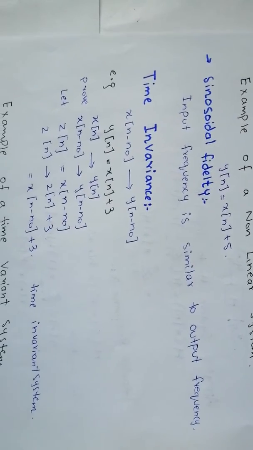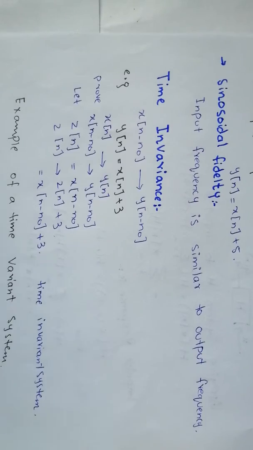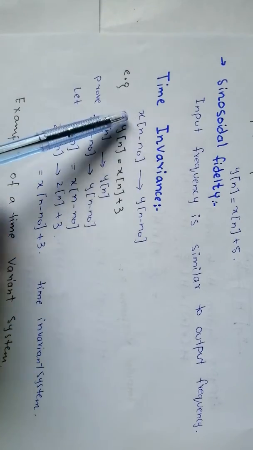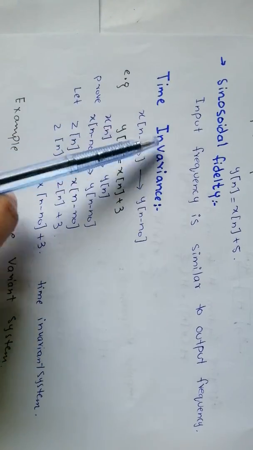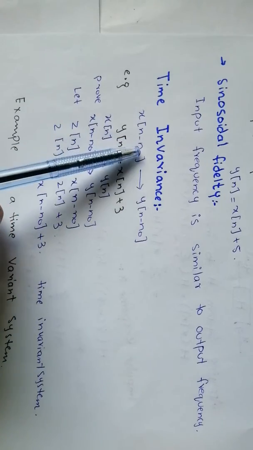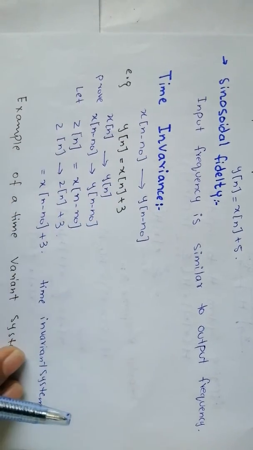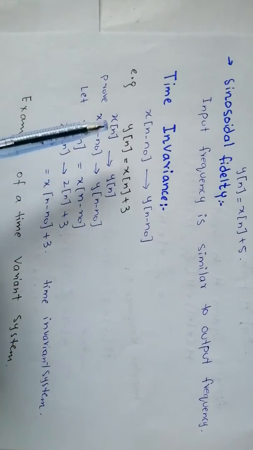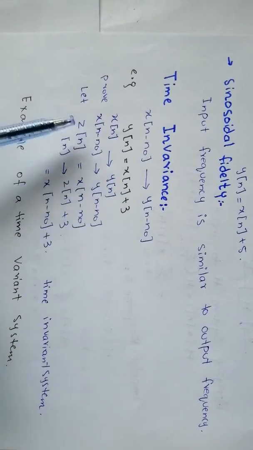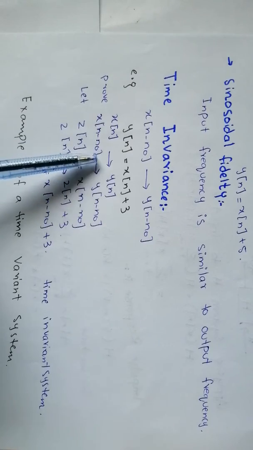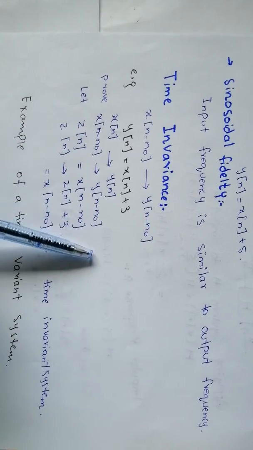There is another property of systems, which is time invariance. When a time shift happens in the input signal, the same shift should occur in the output signal. Mathematically, x of n gives y of n, and x of n minus n naught should give y of n minus n naught.